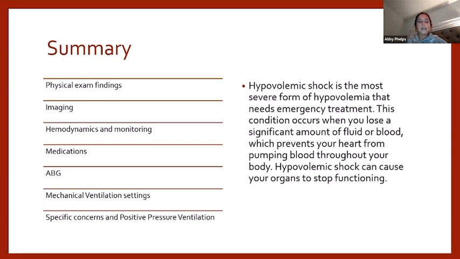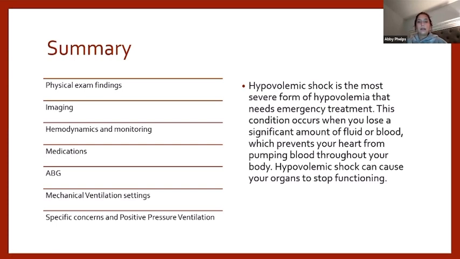We went over ABGs, vent settings that need to be lower, and specific concerns, which can be multiple organs declining, and how you have to be careful with positive pressure ventilation.